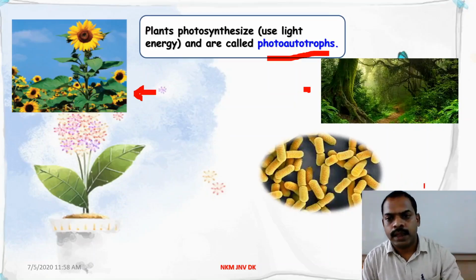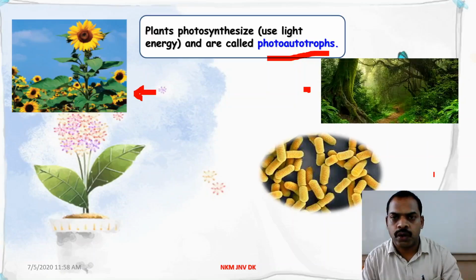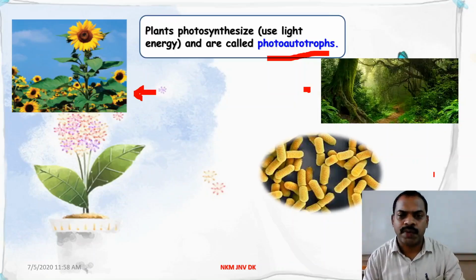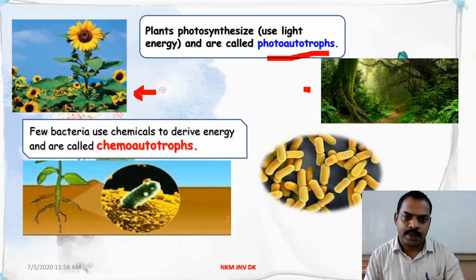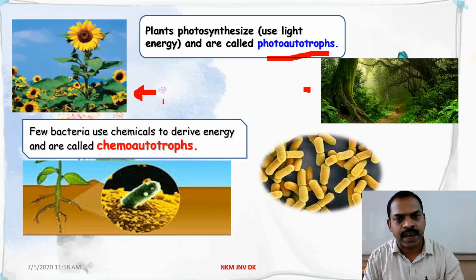While the lactic acid bacteria, you know where we can find them? In the formation of curd, as well as the nitrogen fixing bacteria. We studied last year Thiobacillus, Rhodospirillum, etc. These bacteria do not use energy from sunlight.